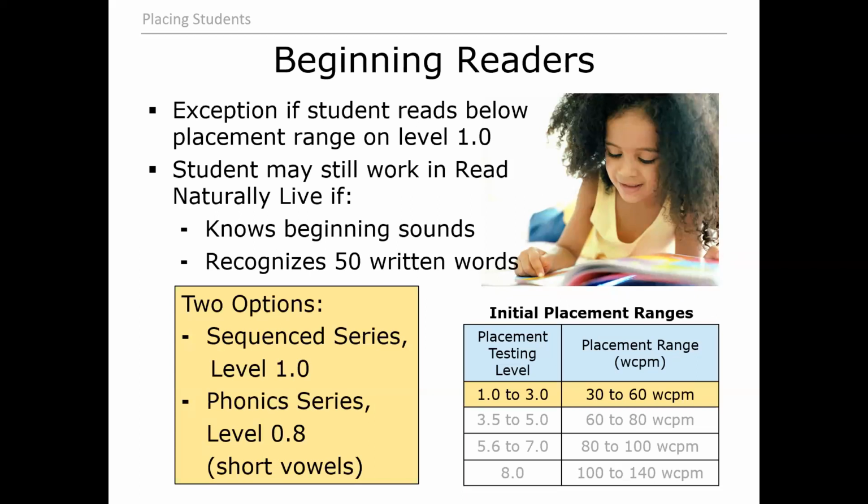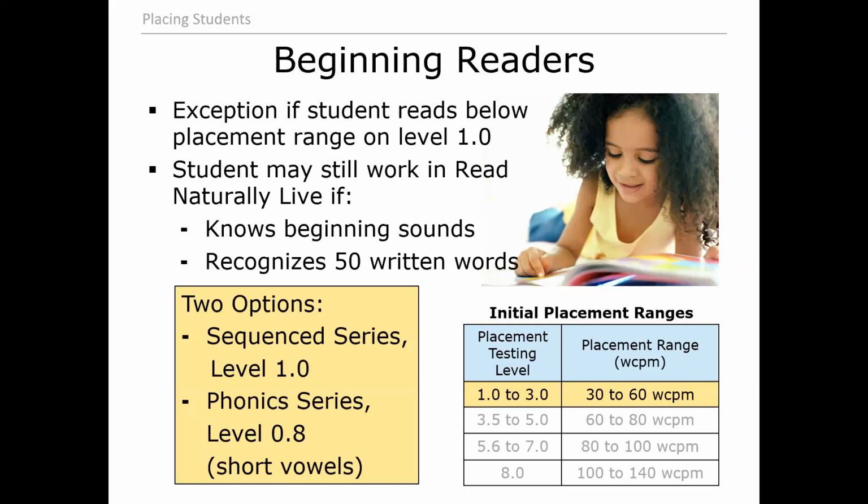My preference is to put her in the phonics series. I have never met a beginning reader who couldn't benefit from additional phonics instruction, right? They will still work on fluency, they will still work on comprehension, but she will get a little bit of phonics instruction. It's also a little easier, as the level indicates. 0.8 is below 1.0, right? And 0.8 stories are a little easier.